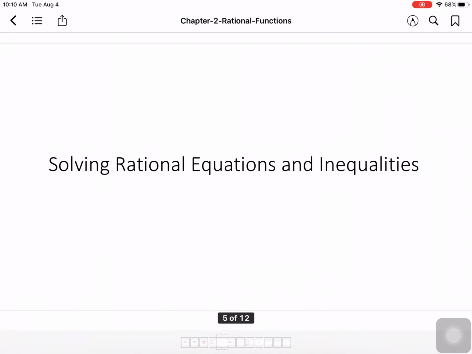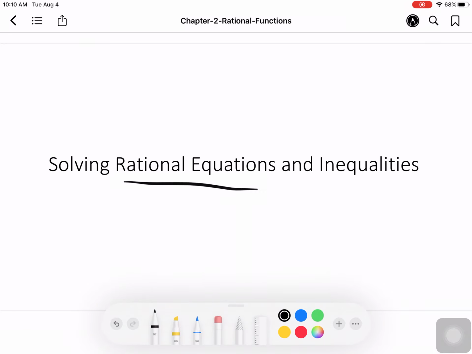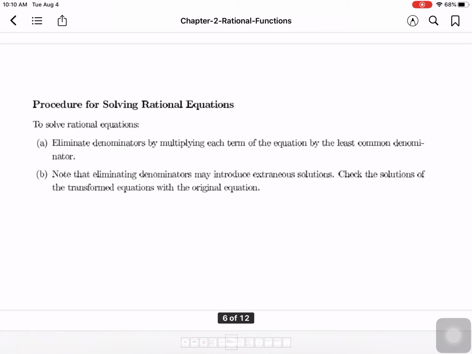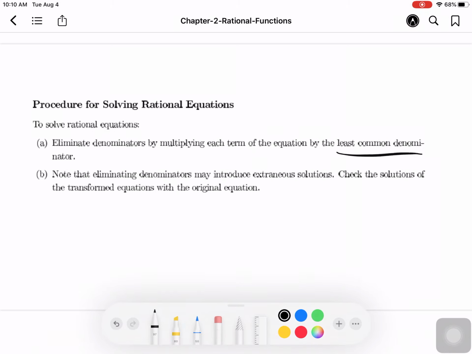So how do we solve rational equations and inequalities? So first, we'll discuss how to solve rational equations. So the procedure, of course, is this. Of course, you need to find the LCD. So to solve rational equations, eliminate the denominators by multiplying each term of the equation by the LCD, or the least common denominator.